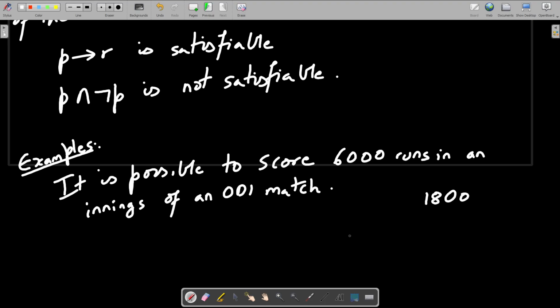Wides also you can assume. By the way, there is a limit on the number of extras a bowler can bowl in one over, otherwise the bowler gets changed. If there are more than 3 extras in an over, the bowler is changed, I think.